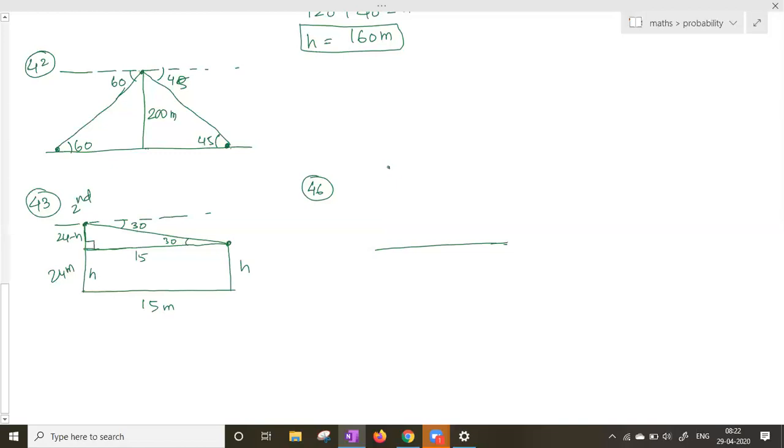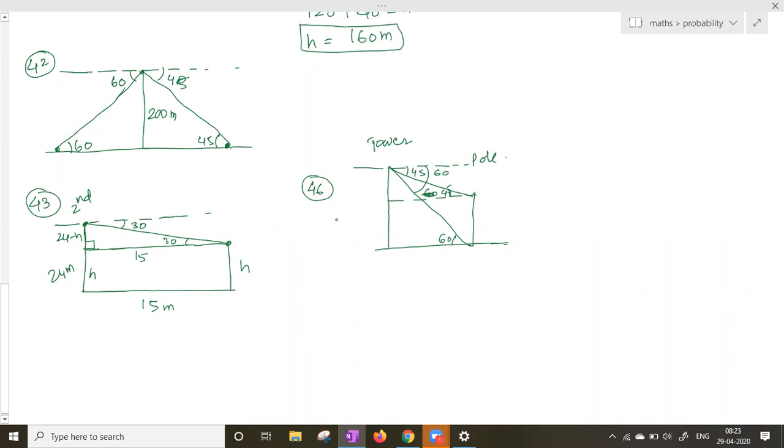So the tower is taller and the pole is shorter, because both top and bottom are at the angles of depression. The top is 45 and the bottom is 60. Alternate interior angles.